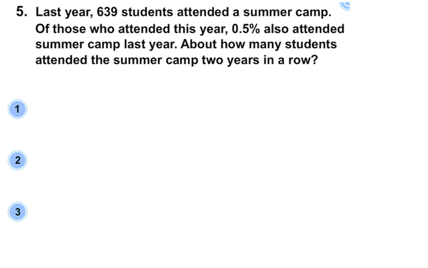Example 5. Last year, 639 students attended a summer camp. Of those who attended this year, 0.5% also attended summer camp last year. So about how many students attended the summer camp 2 years in a row? The first thing we want to find out is how much is 0.5% of 639.